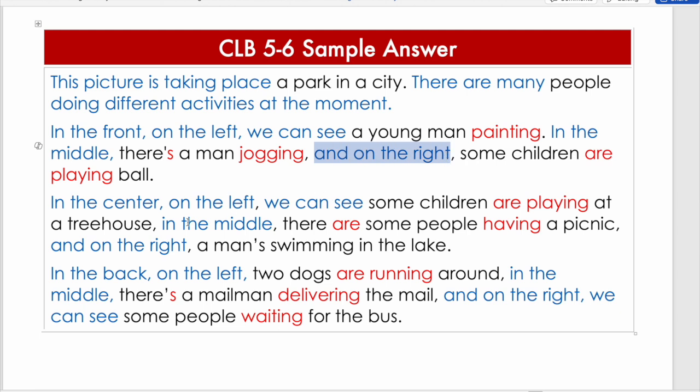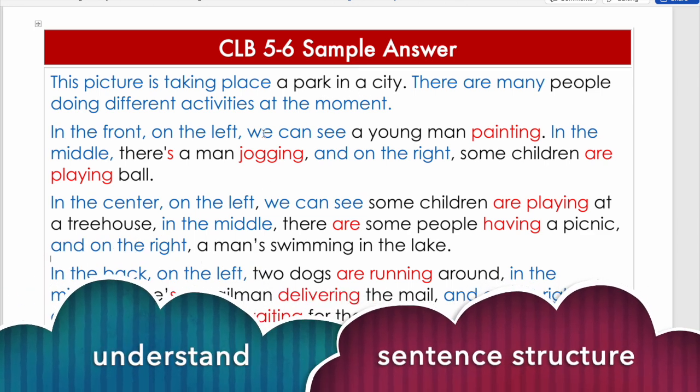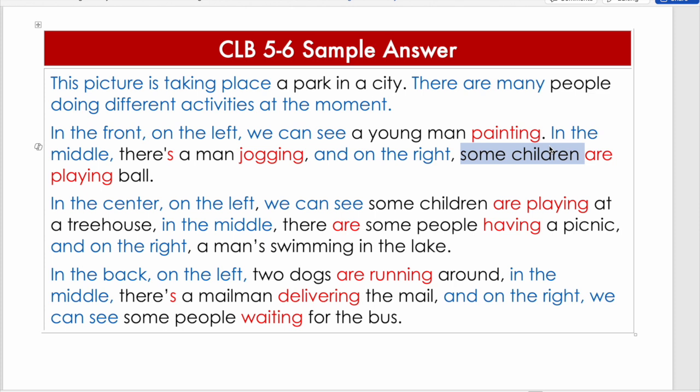We need to understand that to have really good flow and intonation. And then let's understand the sentence structure using we can see and the grammar, present continuous. We can see there is, there are, or just the people. Okay? That's very important to understand the language that we use.